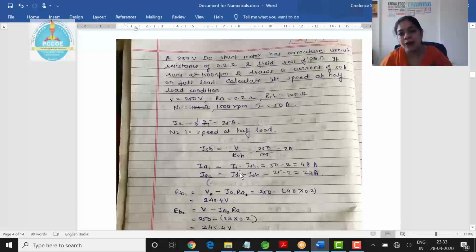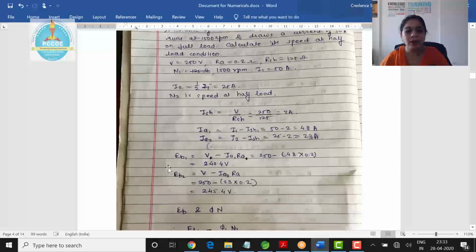I2 is the current at half load condition. So at half load we are going to take 50% of the full load. So 50% of full load is now 25 amperes. So what is IA2? IA2 is equal to 25 minus 2 is equal to 23 ampere. Okay. Now EB1 is equal to, the formula is the same, V minus IA1 RA.